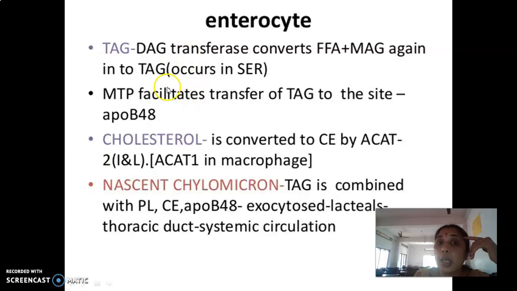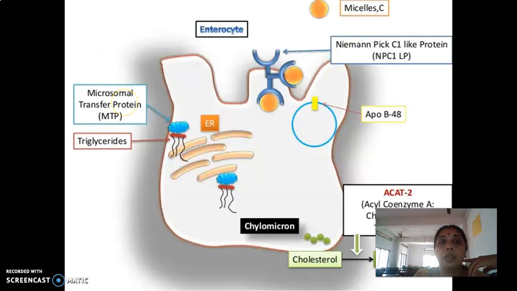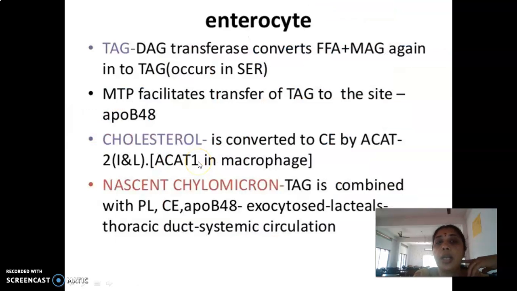So intestinal TG synthesis can happen. So the microsomal transfer protein, MTP, is a protein which enables the TG to get packed into the chylomicrons. It facilitates the transfer to the site of ApoB48.